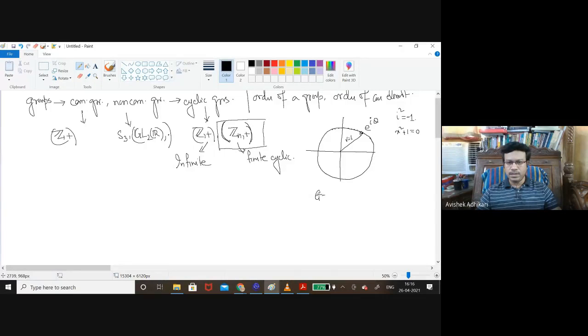If I consider S1 to be all points from the non-zero complex numbers such that mod of z equals 1, then with respect to usual multiplication of complex numbers, S1 forms a group, and this is known as the circle group.